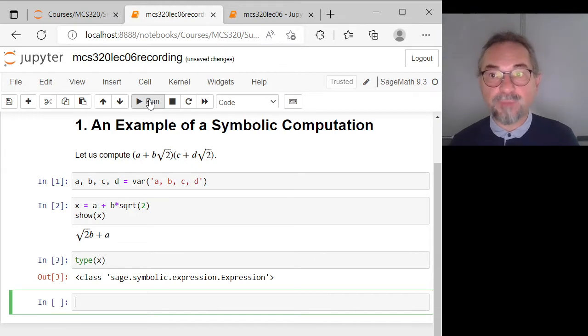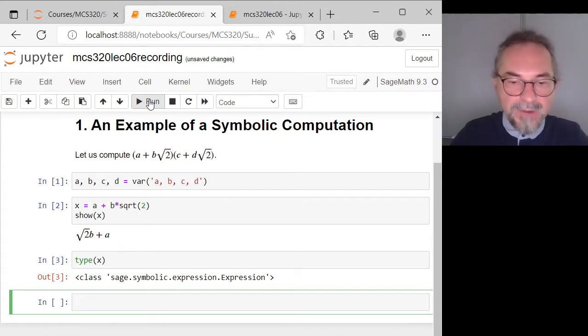Note that we have worked in the previous lecture with polynomials. This is not a polynomial, not even a polynomial in several variables. It is a general symbolic expression. Also these variables are general variables, so they don't belong to any specific ring other than the symbolic ring.